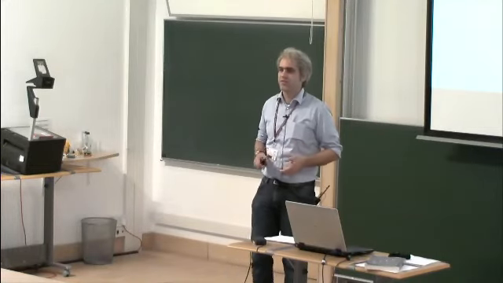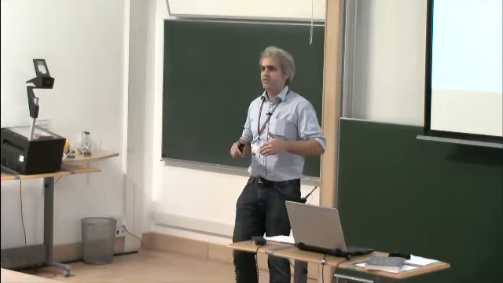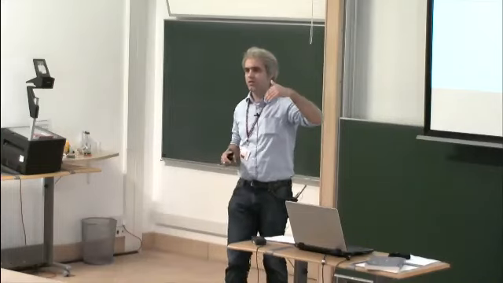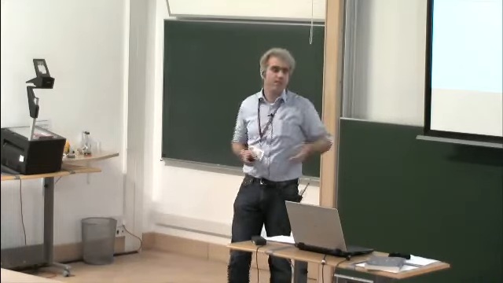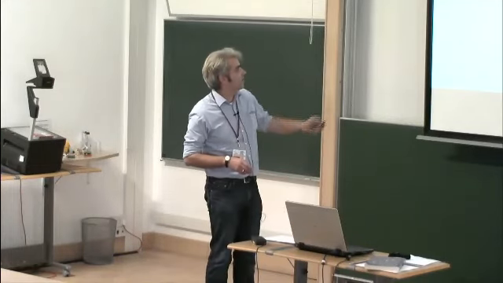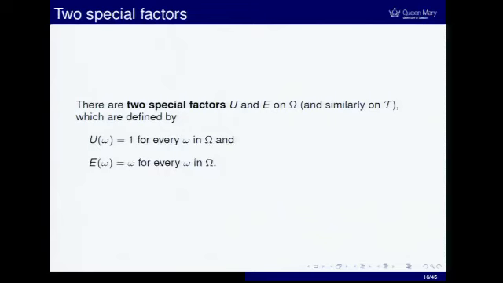We have a universal factor U, which gives the same value 1 to every observational unit if we talk about omega. And then we have the equivalence factor E, which takes for every little omega in capital omega just omega. So that's in a sense a sort of identity mapping.